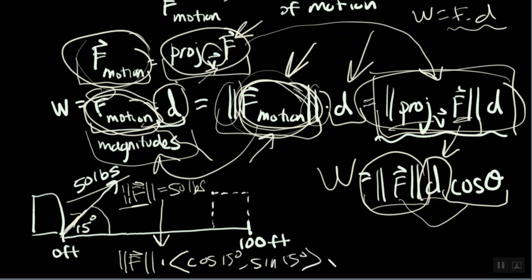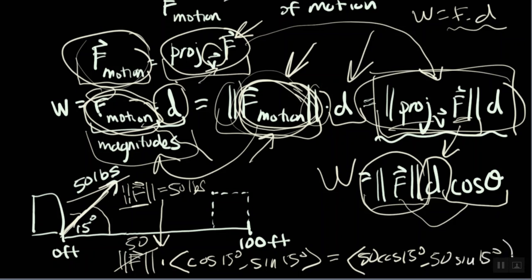And when you do that, you will get the vector of the entire thing. So in this case, I'm not going to simplify, and we know that this is 50. So we get 50 cosine 15 degrees, 50 sine 15 degrees, and that is the vector representing f. Now, we also have another vector, which is the vector v.